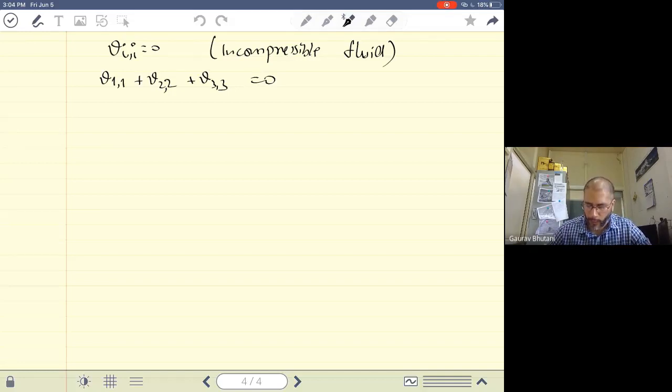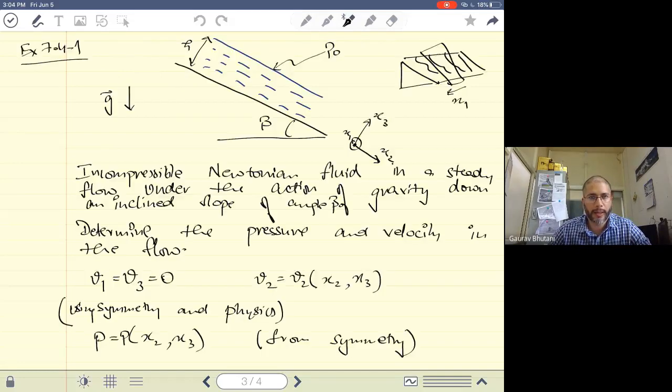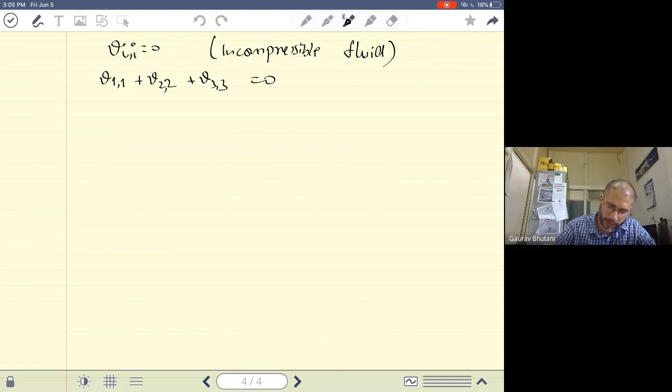But we already saw that V1 and V3 are 0, so that automatically gets rid of the first and the third term. It's only V2, which is a function of x2 and x3. Since these two are 0, we have del V2 by del x2 equal to 0.